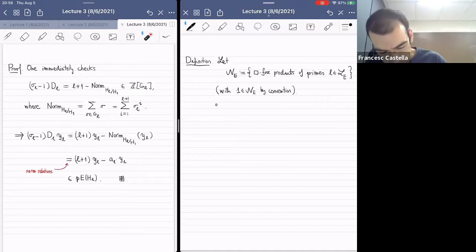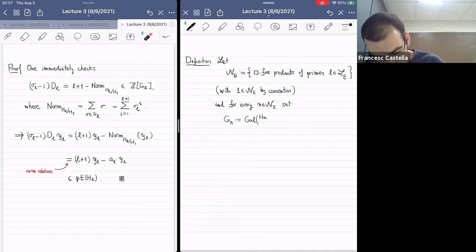Okay, and now for every such integer in this set, let's set G sub n. The notation will be consistent with the previous one. This will be the Galois group of Hn over H1.